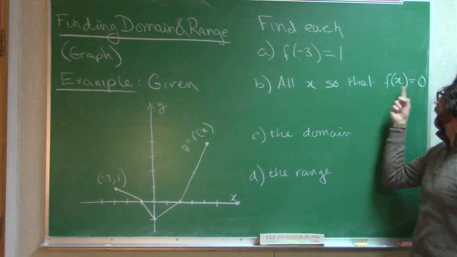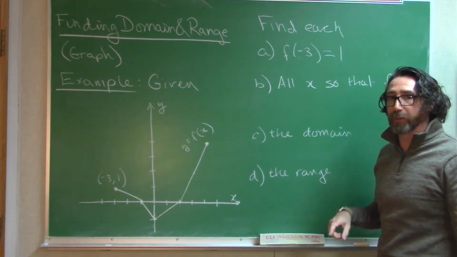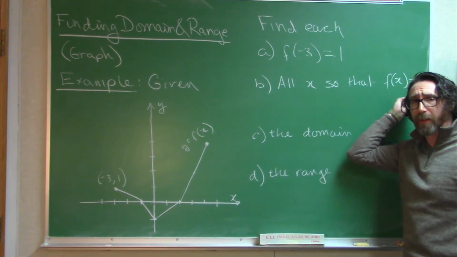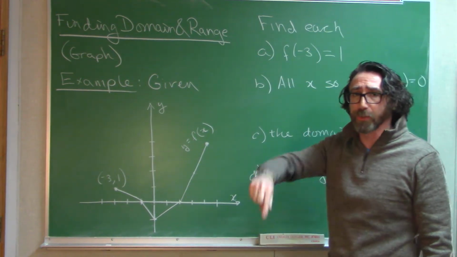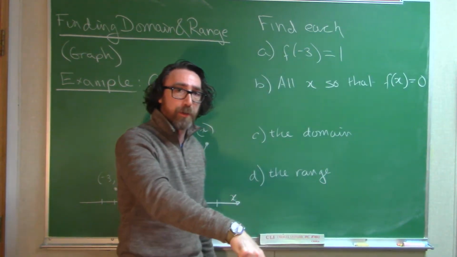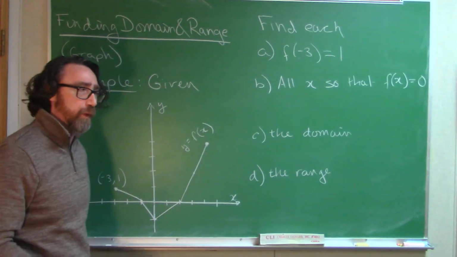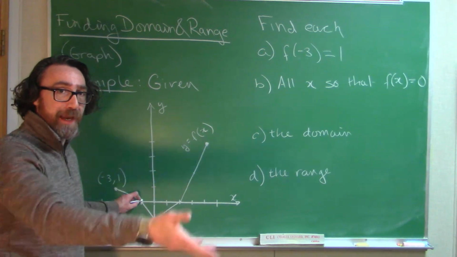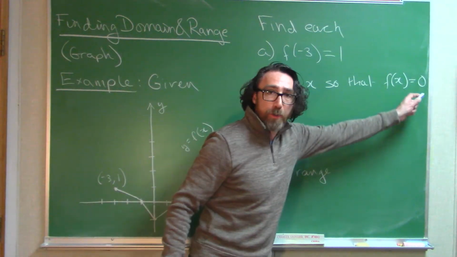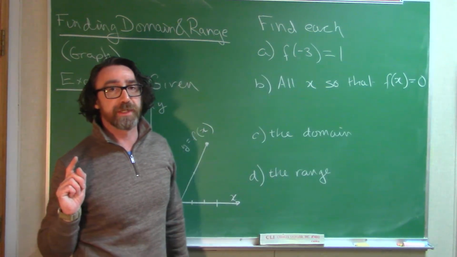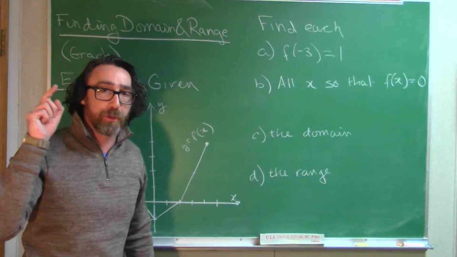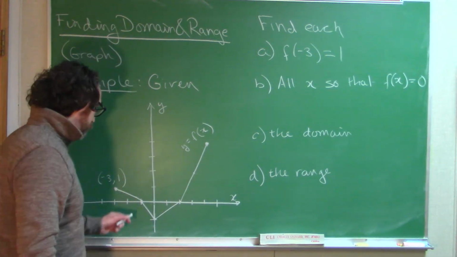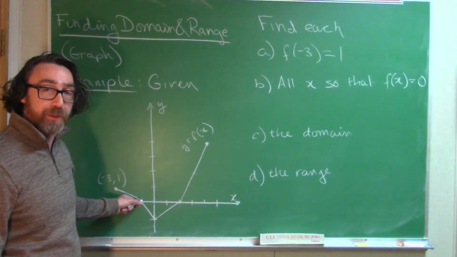All values x such that f of x equals 0. Here I'm starting with the output. I've got a target to hit. I want to produce 0 as the output for the function. What input should I use? Well, remember, graph is input-output pairs. You want 0 as your output. That means you're looking for 0 as your y-coordinate. Well, that's -1, 0.